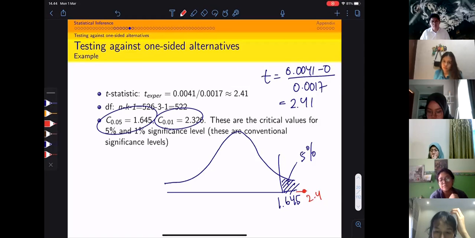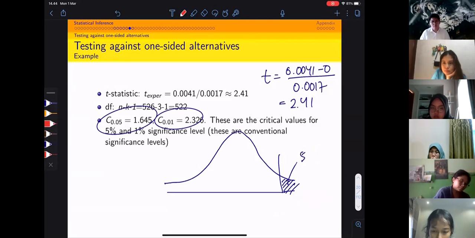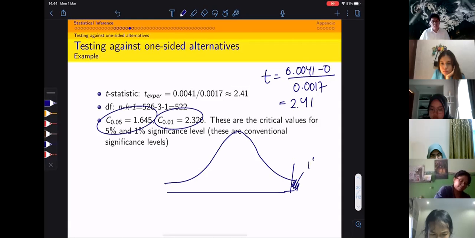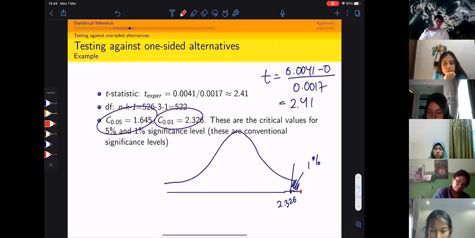Now, what if you use not 5%, but the 1% level? Suppose that this is 1%, and the critical value for 1% is 2.326. Again, your estimated coefficient is 2.41.